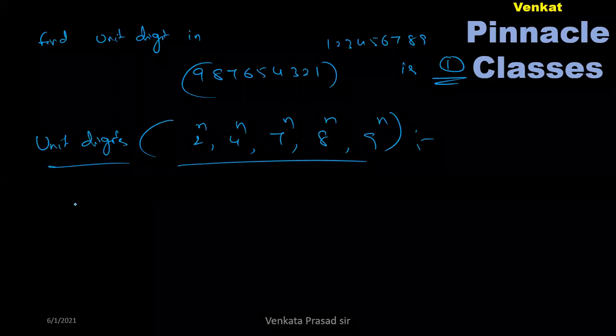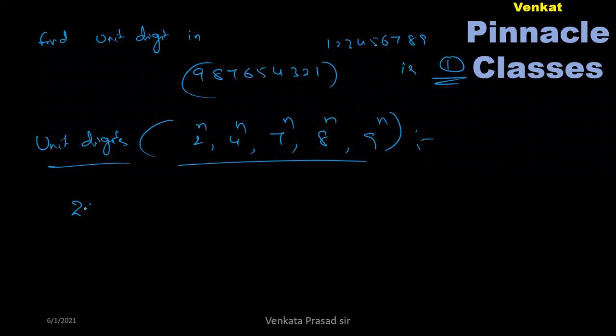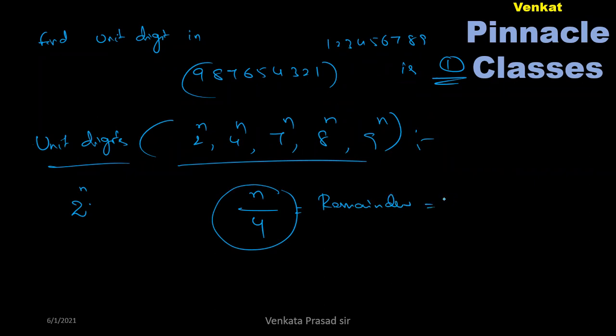Now say, dear students, 2 power n is there. Suppose n is any number. Every time divide with 4 and find the remainder. What are the possibilities for the remainder when dividing with 4?